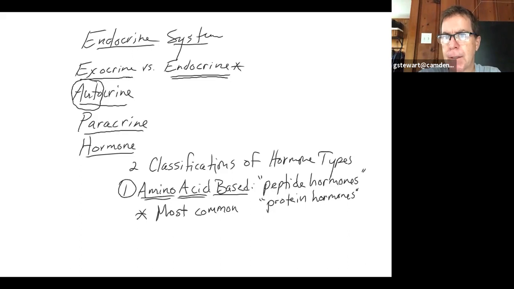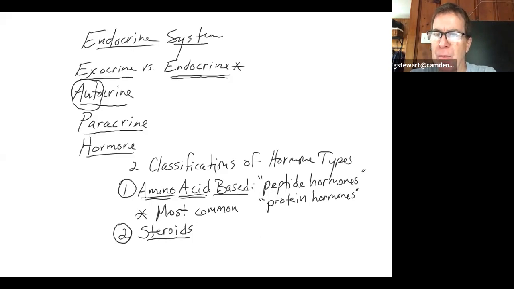The second class or type are steroids. We've all heard a lot about steroids in our lives. Once again, that's just referring to its chemical composition, what it's made up of. So steroids are made from cholesterol.